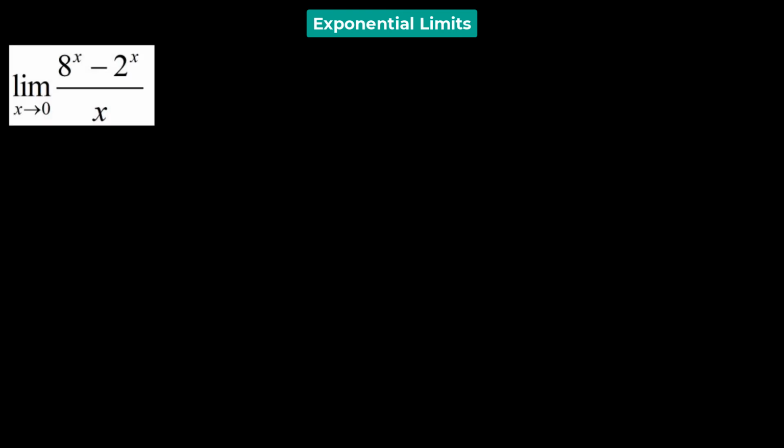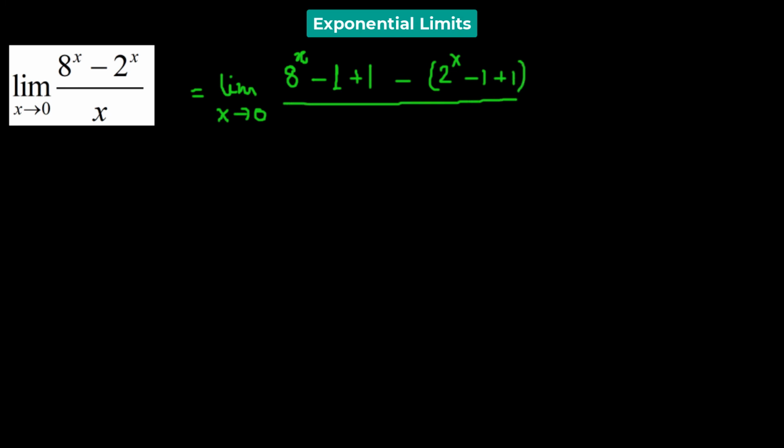So here we have the exponential function 8 raised to the power of x minus 2 raised to the power of x, all divided by x. So we have limit x approaching 0, 8 raised to the power of x minus 1 plus 1, minus 2 raised to the power of x minus 1 plus 1, all divided by x, which will be equal to limit x approaching 0, 8 raised to the power of x minus 1, so this will be one of the terms, plus 1 minus 2 raised to the power of x minus 1 minus 1 will be the other term.